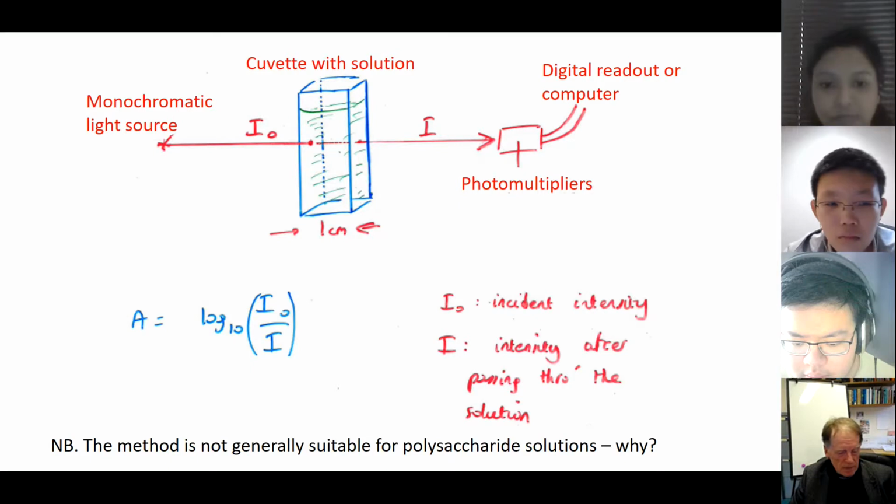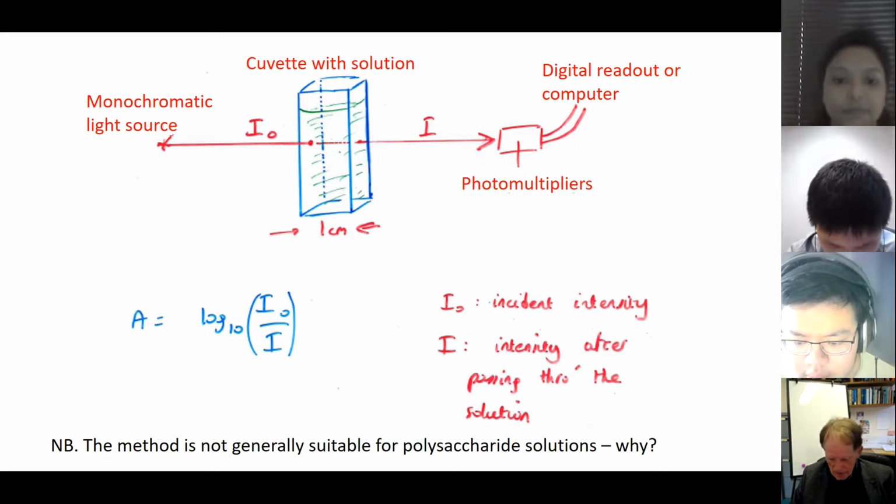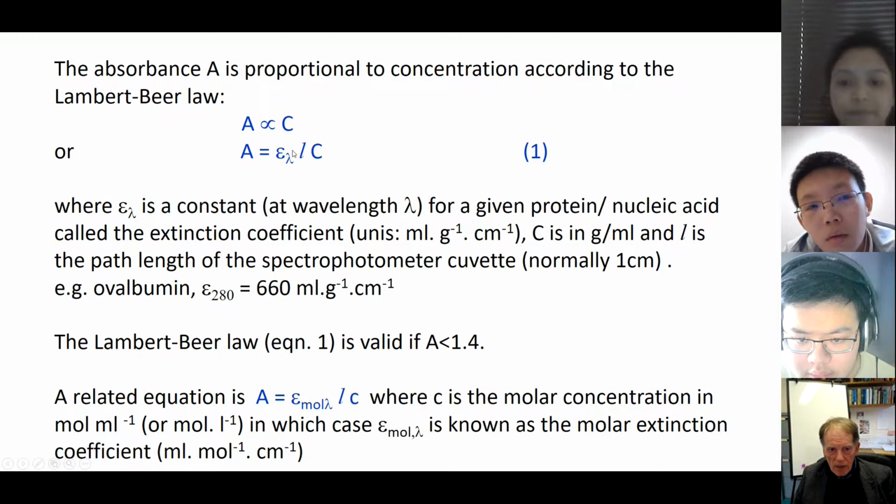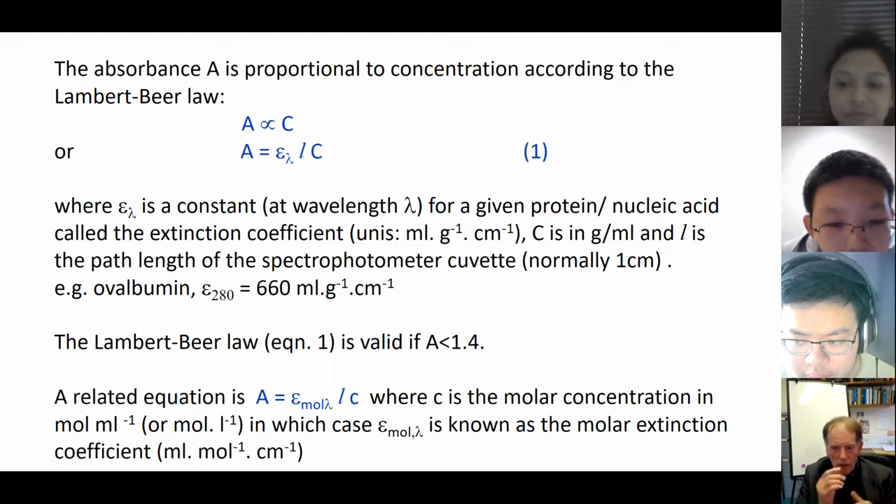Because around 280 nanometers, polysaccharides don't absorb UV radiation. So there's no point in using this technique if your macromolecule doesn't absorb in what we call the usable UV or visible range.